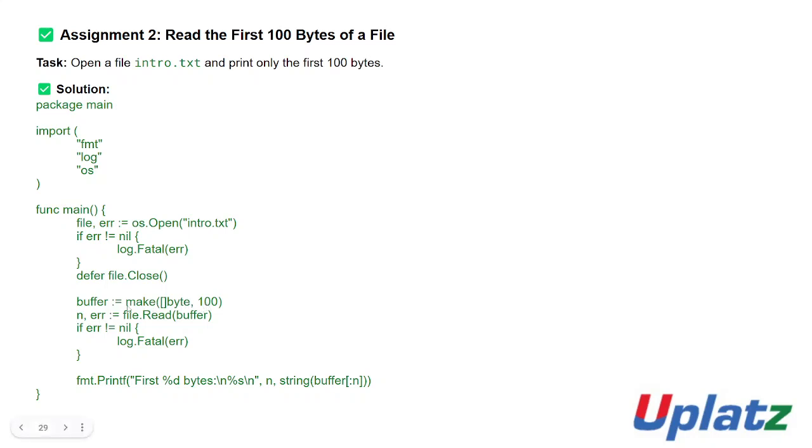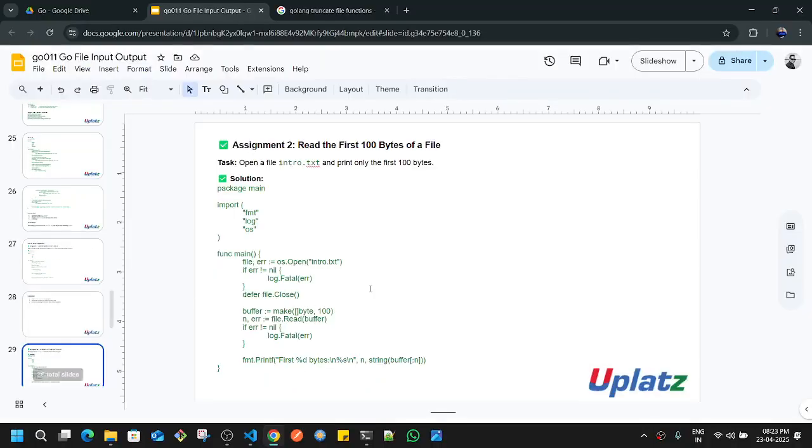This is the buffer, this is a slice for 100 bytes. n, err := file.Read buffer, and if error not nil, log.Fatal, then print first %d bytes, and then in this. Okay, intro.txt. I shall use them as a different file.